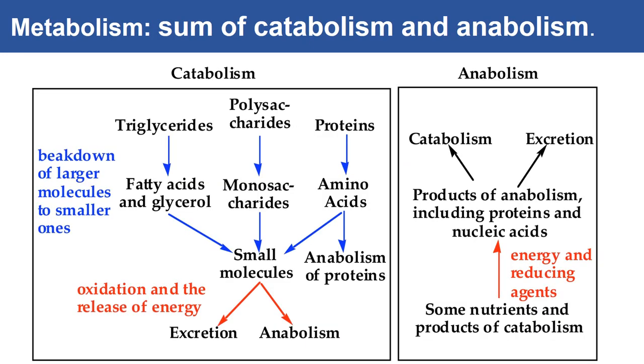Generally speaking, metabolism is the sum of the chemical reactions that we use to break down biomolecules into smaller ones, and that is used for energy and to build up more specific biomolecules for the organism.